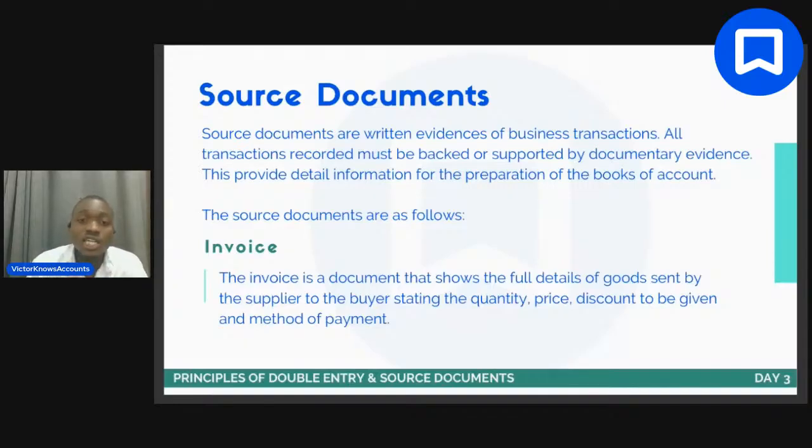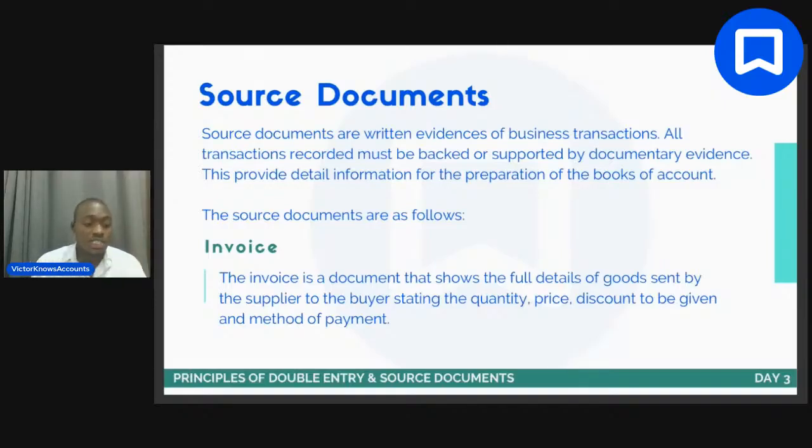The details that are shown are inside your invoice. For example, if you approach a standard entity to buy goods, you are supposed to be issued what? An invoice. Now, invoice is mostly used in larger organizations, because it's larger organizations that sell goods in bulk and also sell goods on credit.